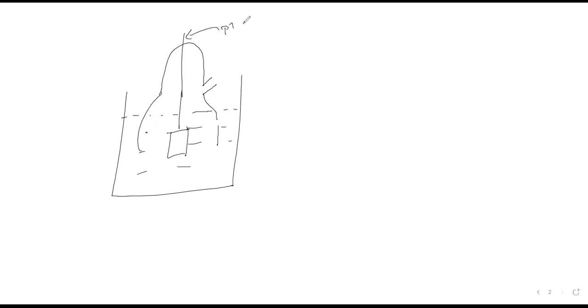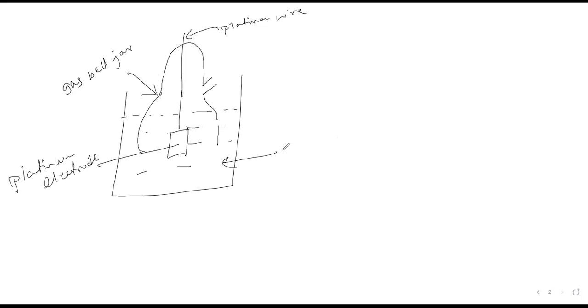Now, how it works? Let me explain the diagram in detail. This is the platinum wire, and this is the platinum electrode. This is the gas bubbler. Now, this is any sort of solution which contains hydrogen ions.